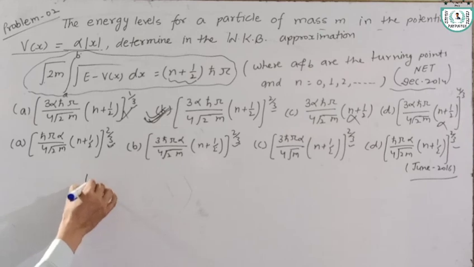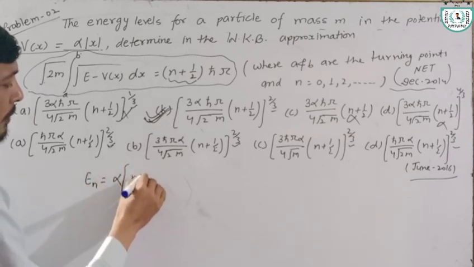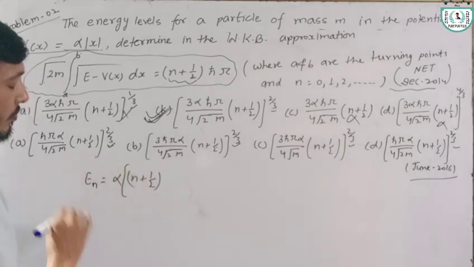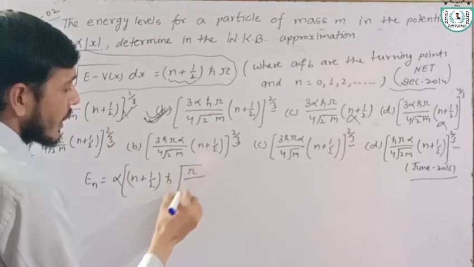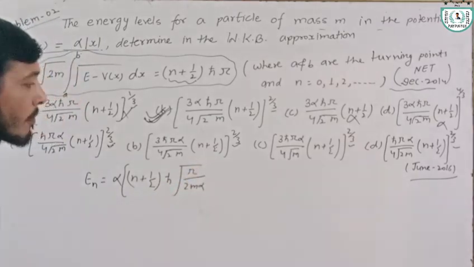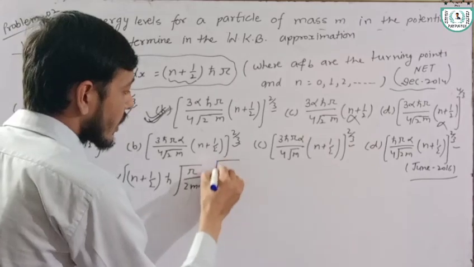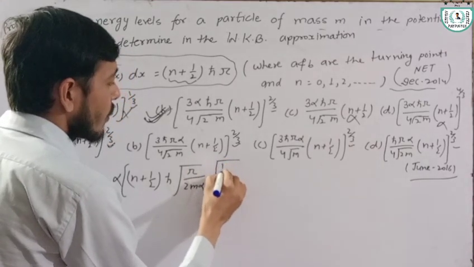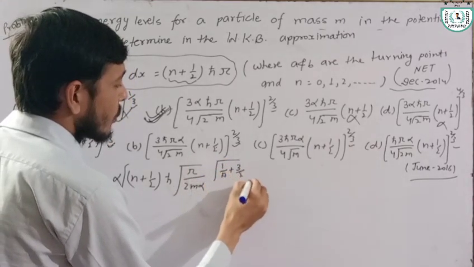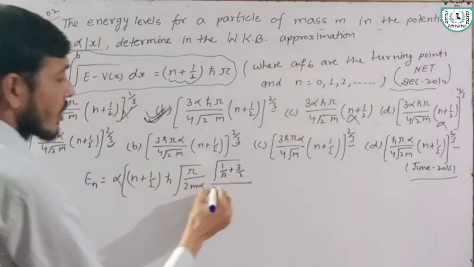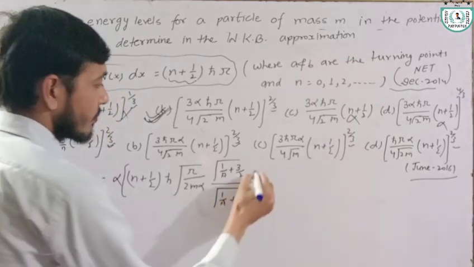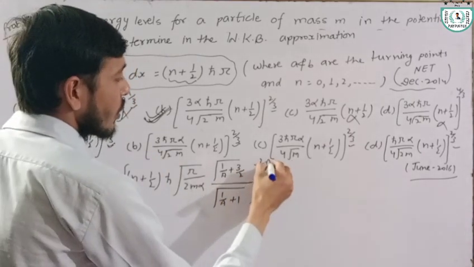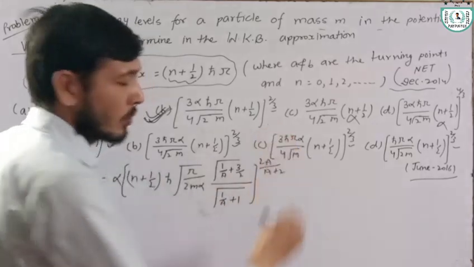We know that En is equal to alpha (n plus half) h cut root pi upon root 2m alpha into gamma(1 over a plus 3 by 2) divided by gamma(1 over a plus 1), raised to power 2a upon a plus 2.